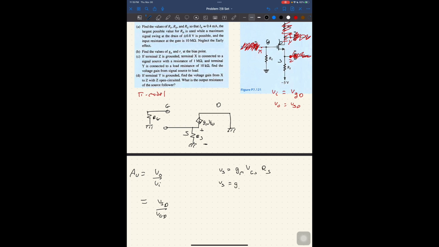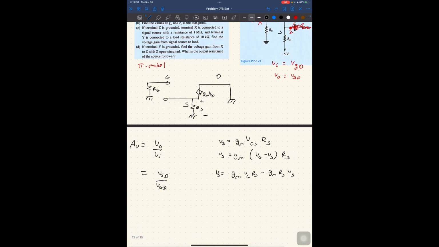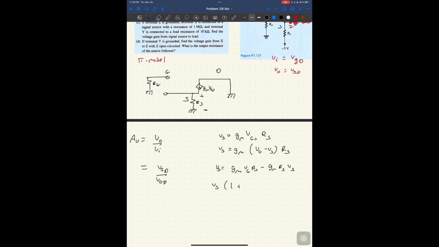VS is equal to GM (VG minus VS) times RS, such that VS is equal to GM VG RS minus GM RS VS. Bring this to one side, I get VS (1 plus GM RS) is equal to GM VG RS, so VS equals GM RS VG over 1 plus GM RS.